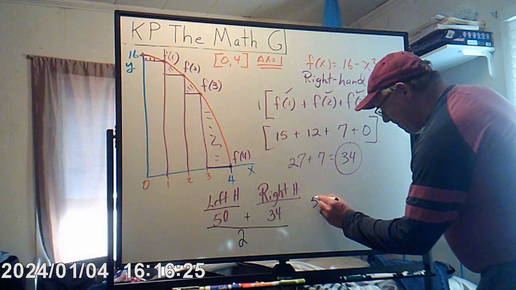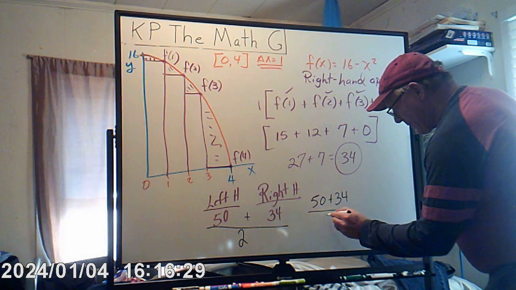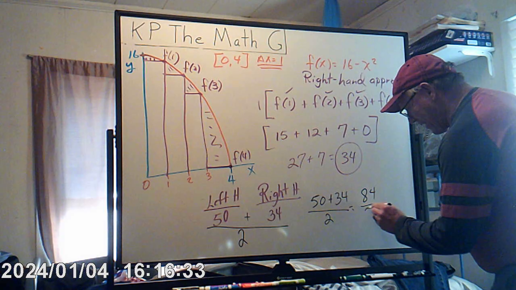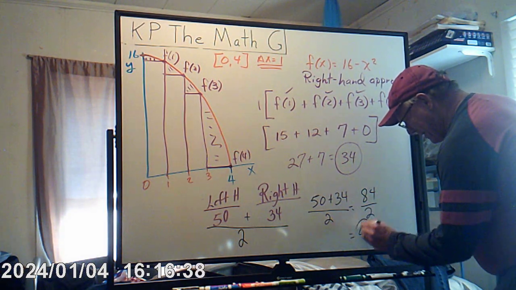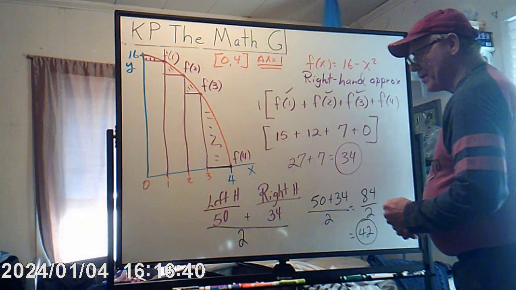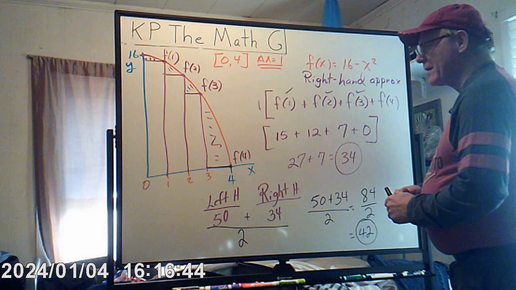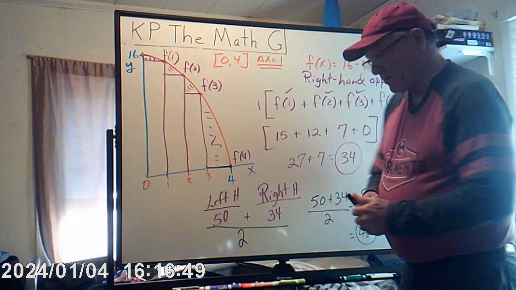So 50 plus 34 divided by 2. This is 84 divided by 2, and obviously that is 42. That's pretty close to what we are looking for. Later on we'll find out what the actual is.